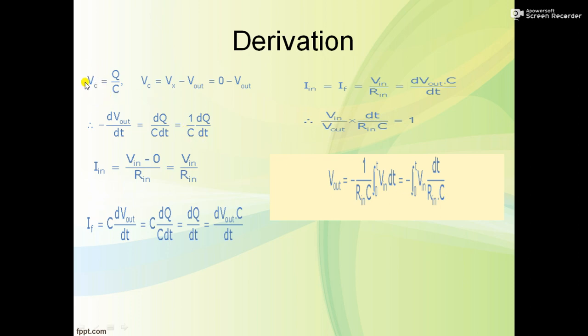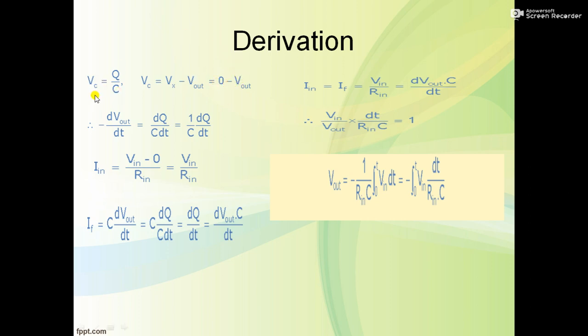The voltage across the capacitor is the ratio of charge divided by capacitance, that is Vc is equal to Q by C, and Vc is nothing but Vx minus Vout. So Vc, the voltage across the capacitor, is given by the voltage at X node minus Vout. Here Vx is 0 because of the virtual ground concept.